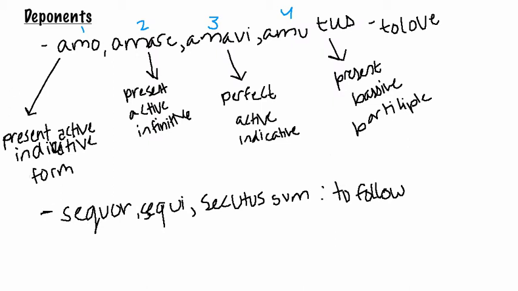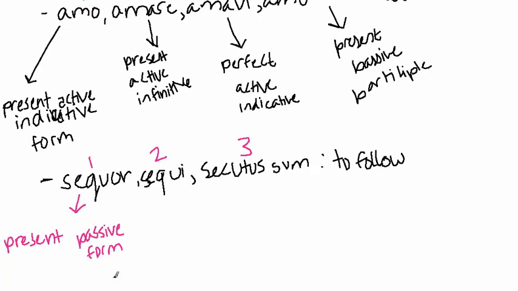So let me write that down. I'll write it in different colors so it stands out. First, second, and third principal part. And this is your present passive form. And of course it isn't translated passive, but it looks passive. And now your second principal part is usually your present active infinitive.